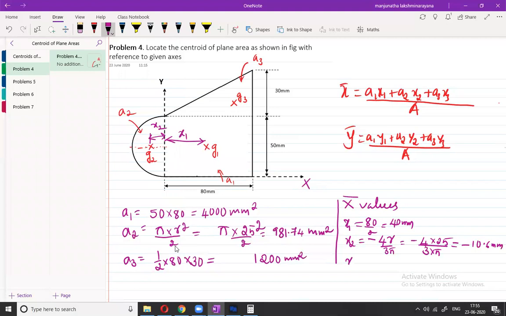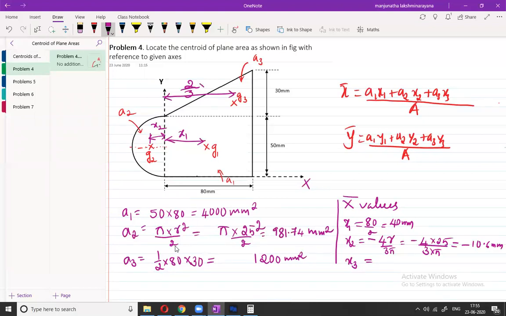Next, x3 is nothing but the distance of G3 from the y axis. We have derived the distance of the centroid of a triangle from the base as 1/3, so from the apex it is 2/3 of the base width here.